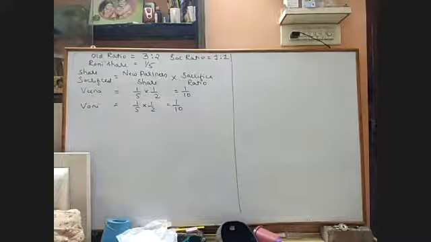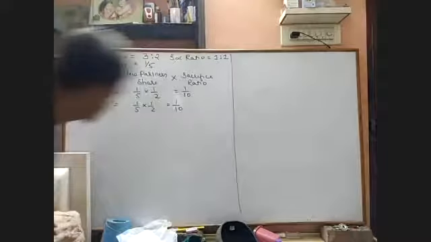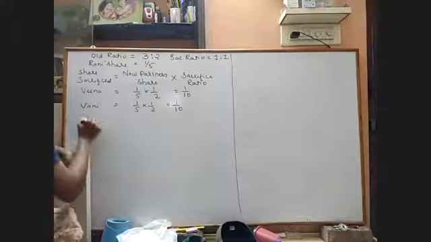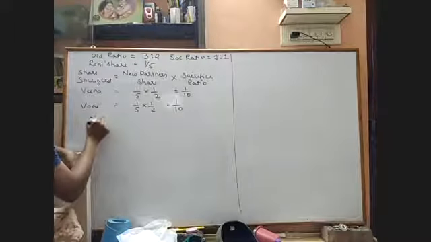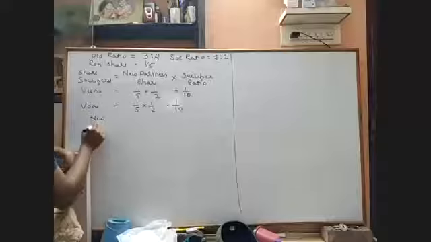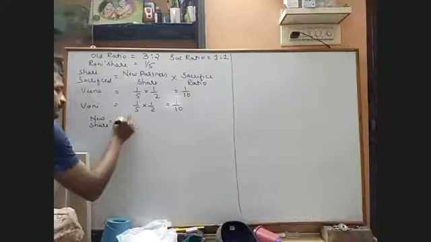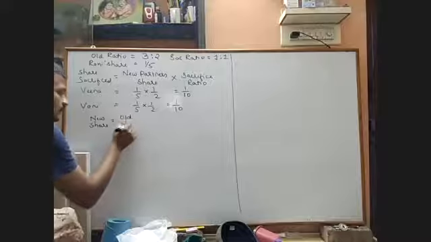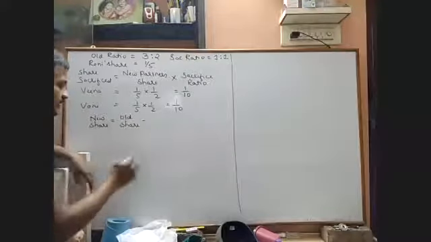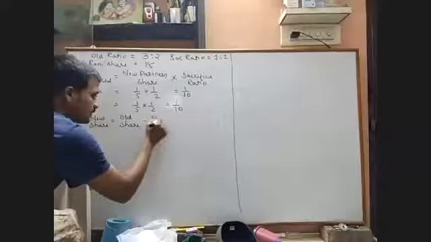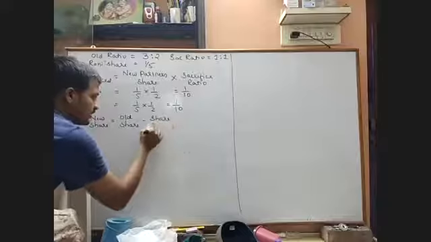Now, what we have ascertained is share sacrificed. And with the help of this share sacrificed, we need to ascertain the new share. The new share is equal to old share minus share sacrificed.